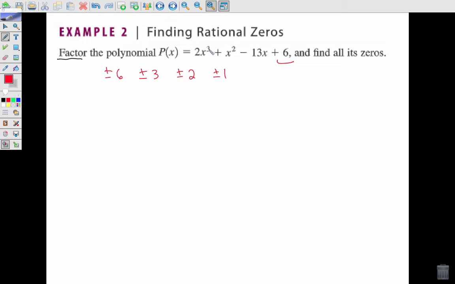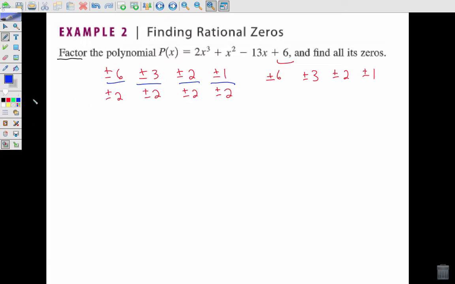Okay, and then we want to divide that by all the possible factors of 2. So we can divide by plus or minus 2, or we could divide these same factors of the constant term by 1.